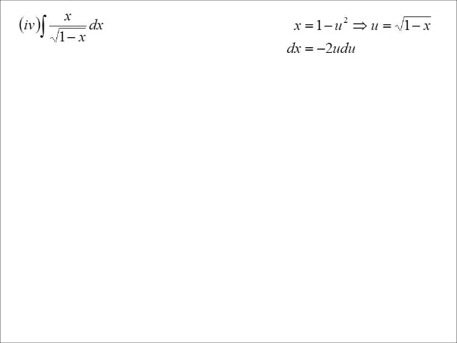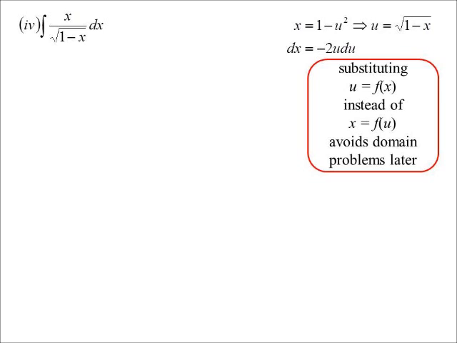I just get minus 2u du. So if you substitute u equals function x in, instead of x equals function u, what it's going to do is avoid any domain problems, because obviously we have restrictions on the domain here. And when you substitute in a particular function, you can end up with domain problems.